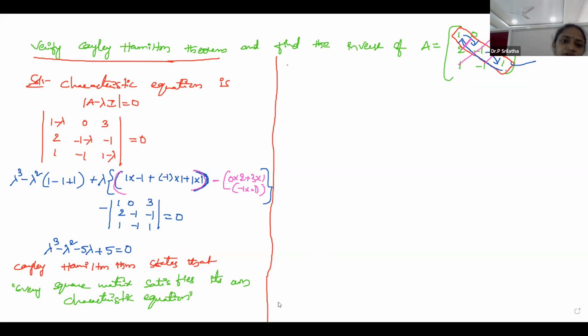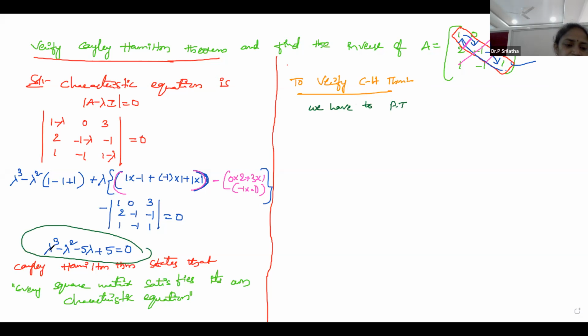Okay, so for the verification of Cayley-Hamilton theorem, here we have to prove that, instead of lambda we need to put A, right?